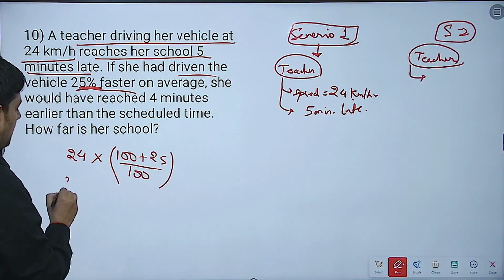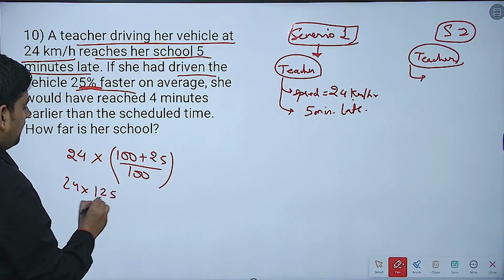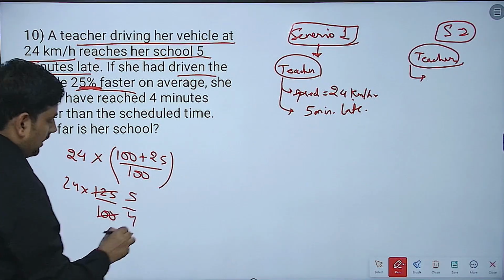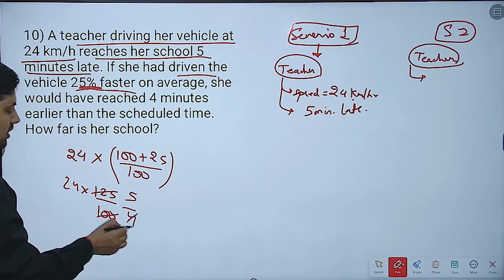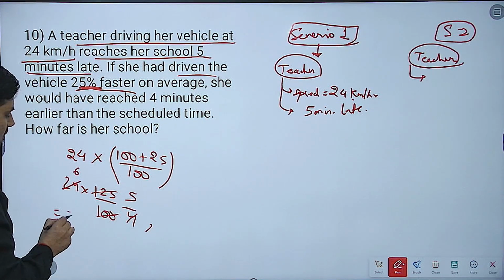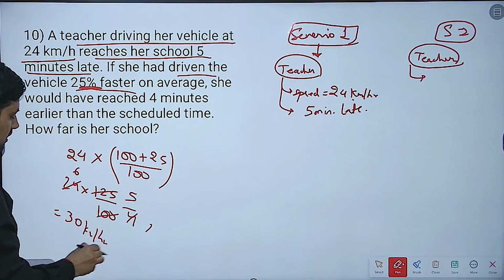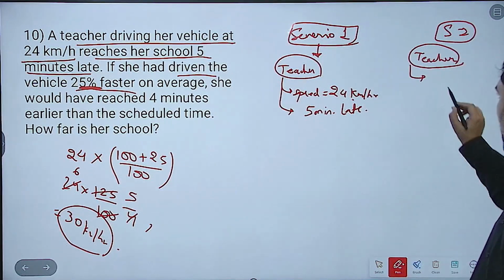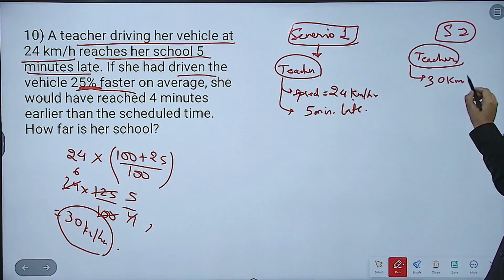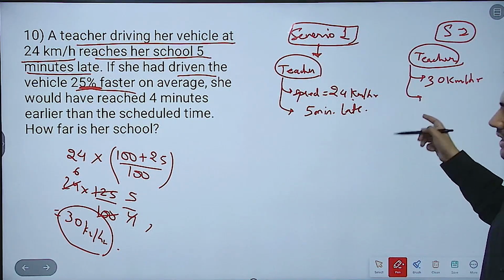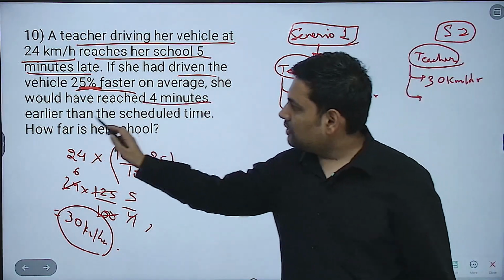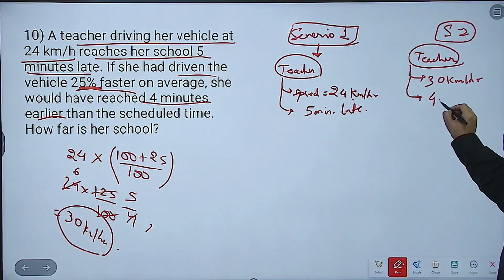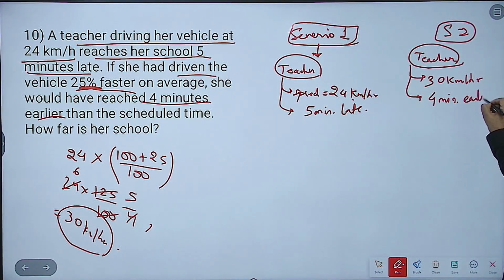This comes out to be 24 into 125 by 100, that is 5 by 4. If I cancel by 25, this goes one time, this goes 6 times, and you got 30 km per hour. So now in the second scenario, she is going at the speed of 30 kilometers per hour, and when she goes at this speed, she reaches 4 minutes earlier than the scheduled time.